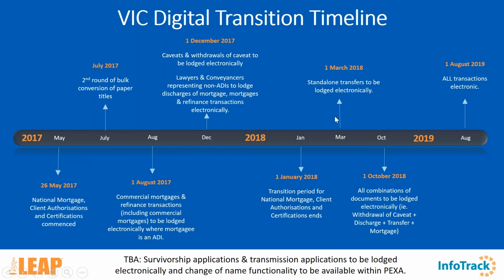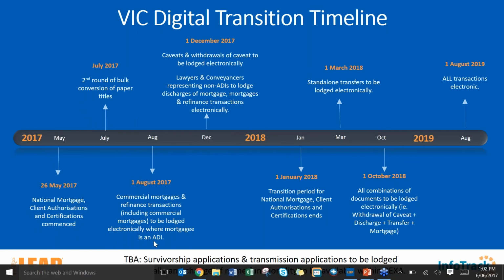First of all, 26th of May 2017, just a couple of weeks ago, was when the National Mortgage Client Authorisations and the certifications were introduced. This grace period will run and expire as of the 1st of January 2018. So the client authorisations form is available in LEAP now, correct, Holly?